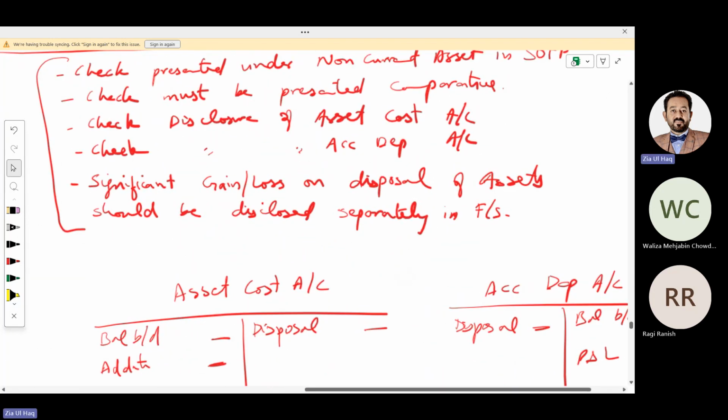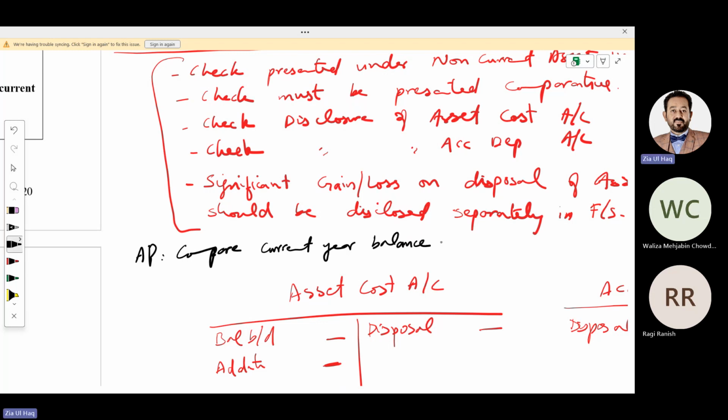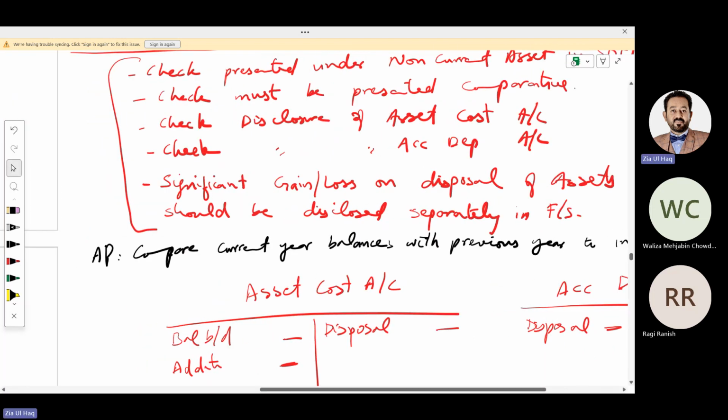That's for all types of balance sheet, any kind of account balance.